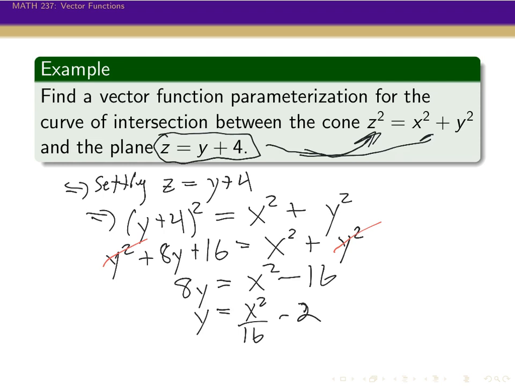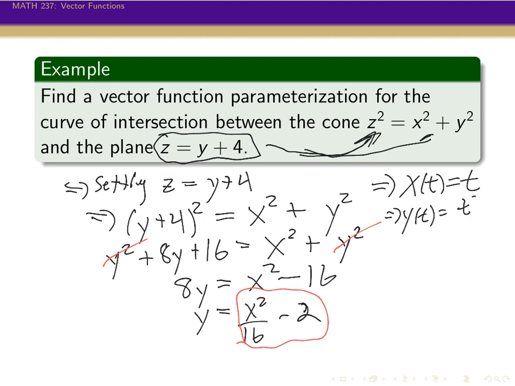So if I start with x, because x gives me y and then y gives me z, I can just pick x to be t, and then y, I'm just going to take this equation, replace my x with t, and that's going to give me t squared over 16 minus 2.